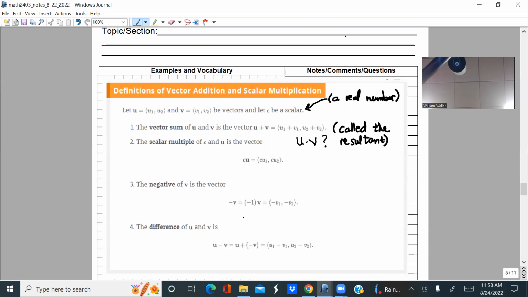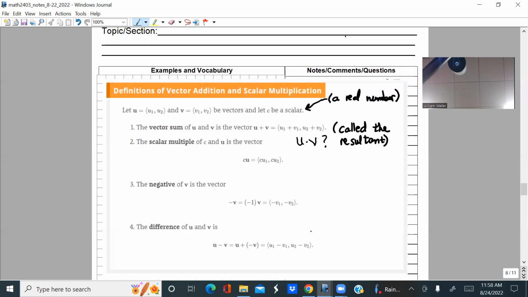You just change the sign of both of the components. So u plus minus v is going to be what we would expect. Instead of adding the two components together, we'll subtract them. So u minus v would be the difference in the first components, and also the difference in the second components, exactly what we would expect.